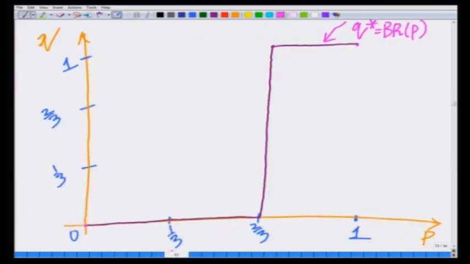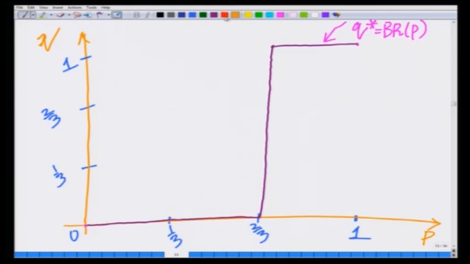And let us draw this again on our best response diagram. If q is greater than 1 by 3, that is somewhere over here, best response p star is equal to 1. Let me draw it with a slightly different color.